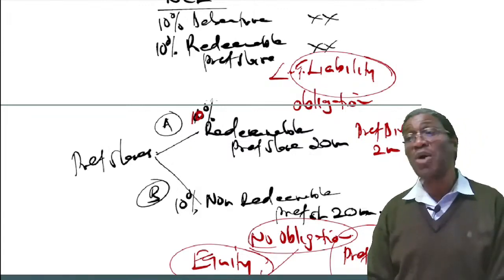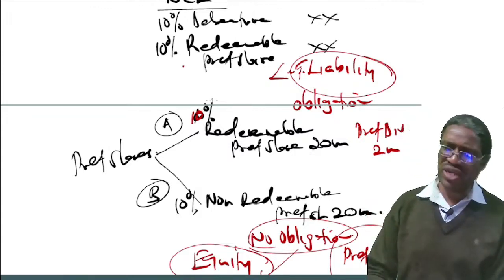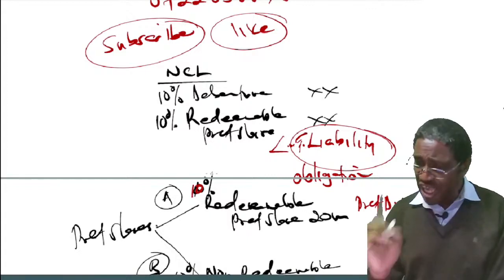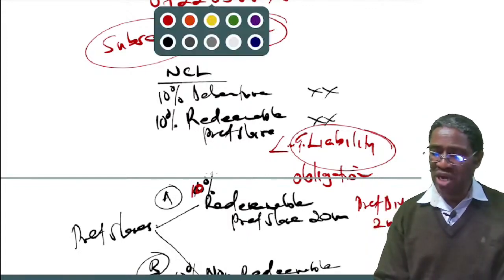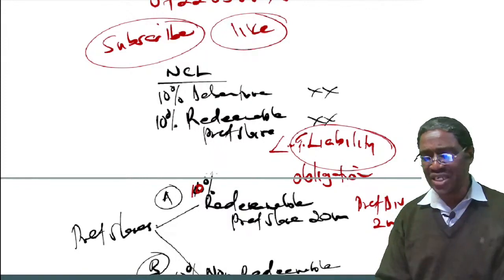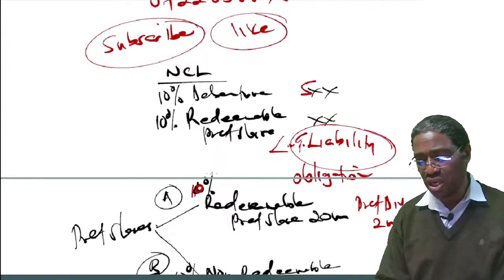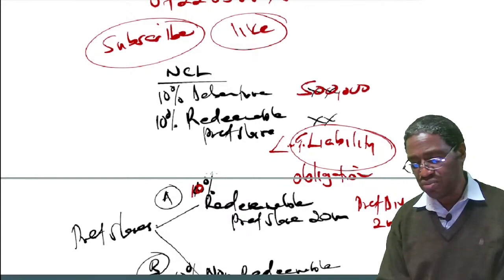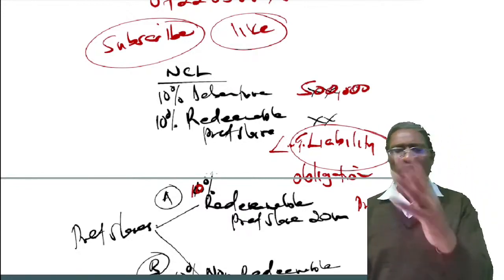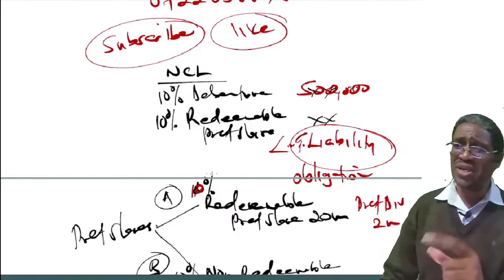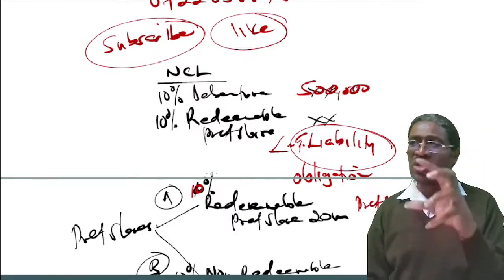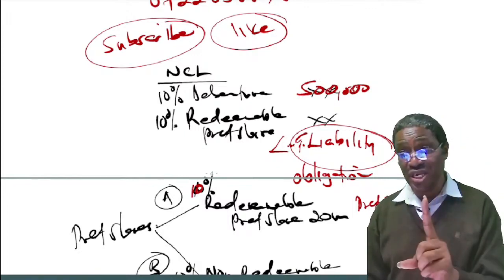Before I talk about how to treat it, let me just remind you what we talked about last time. If you remember, I was giving you an illustration where your company had a 10% debenture worth 500,000. And we were asking ourselves, if your company has a 10% debenture amounting to 500,000, what is the charge for the year for debenture interest?